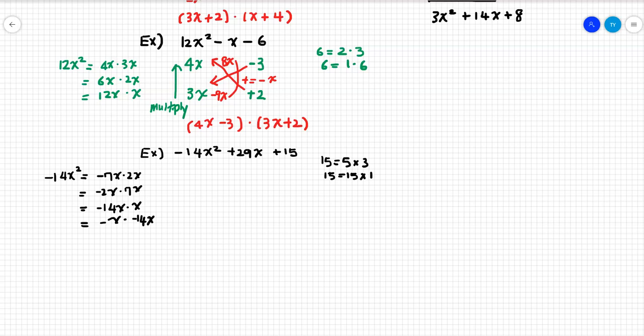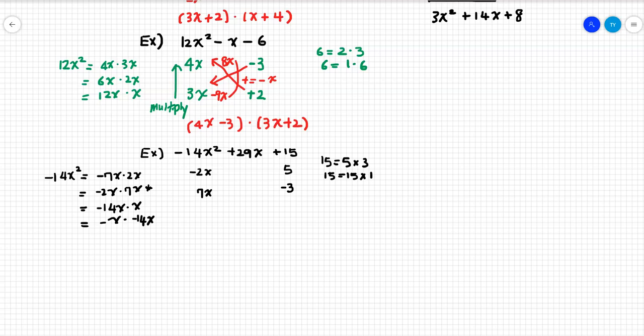So if I try the minus 2x, it might work. I'm going to try this one, minus 2x, and I'm going to have a 7x over here. Now for the constant, I am going to try maybe 5, and the 3 has to be minus, right?